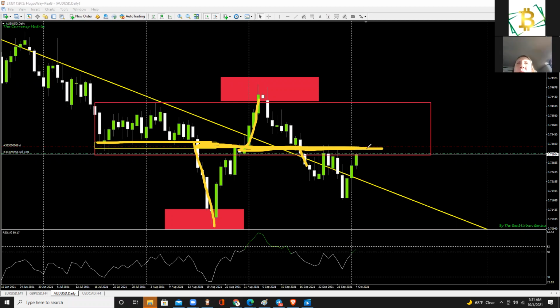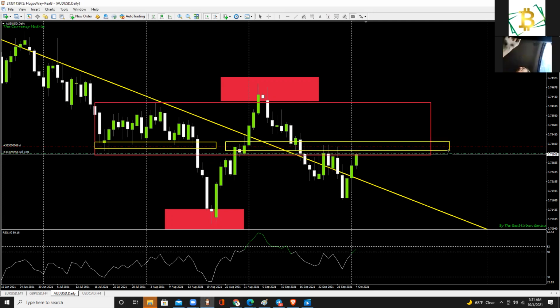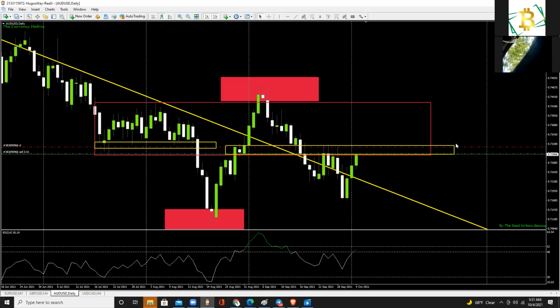So this level here is now a resistance level. As we can see, price is coming from beneath, so it's a good opportunity and a good confirmation for this level being a resistance level. Moving this on across, we can now see how I've got the projection, or even the analysis, for this area to be considered a resistance zone.